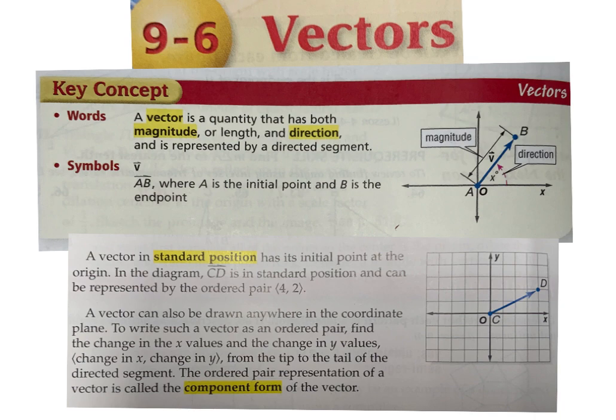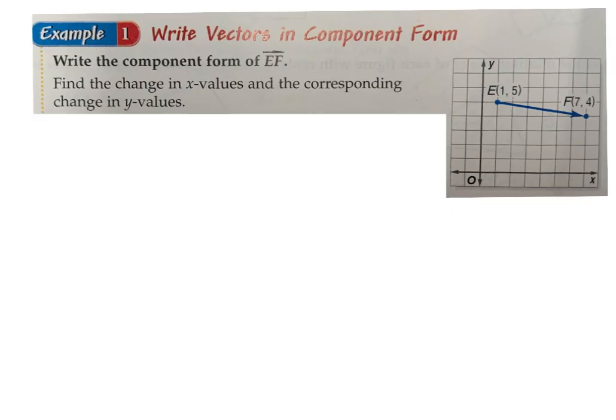All right? So look at example 1 here. Find the change in x values and the corresponding change in y values. This particular one is the vector EF. You start at the point 1, 5. You end at the point 7, 4.